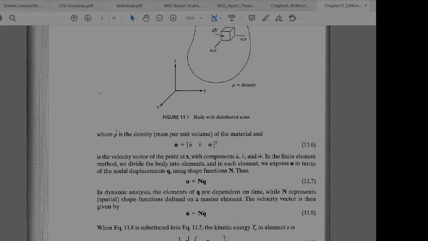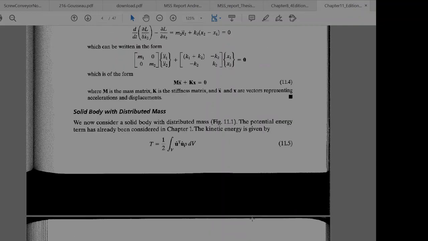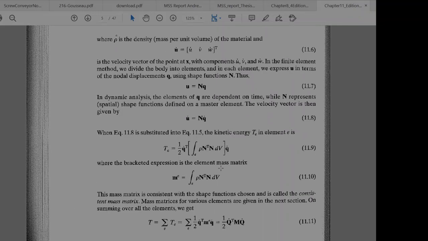Okay, and if I've made the choice u dot is equal to N q dot, I can then go back to this and plug it in and see what happens. If I plug that into that expression of our kinetic energy, which again is something back from high school physics, half mv squared, I get this depiction here. I can pull out the q dot and the q dot transpose because they are our nodal values.